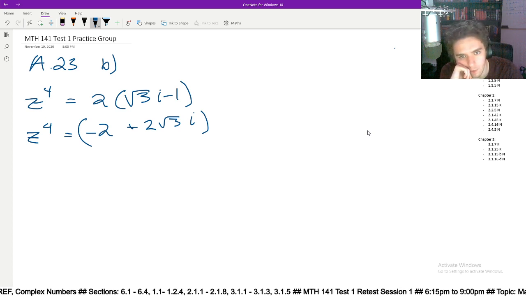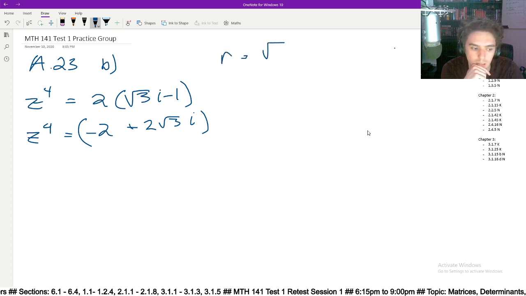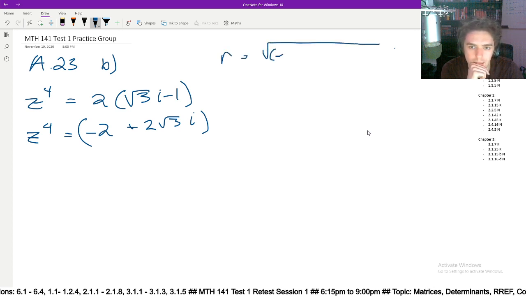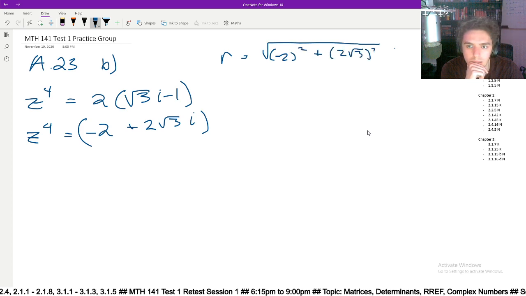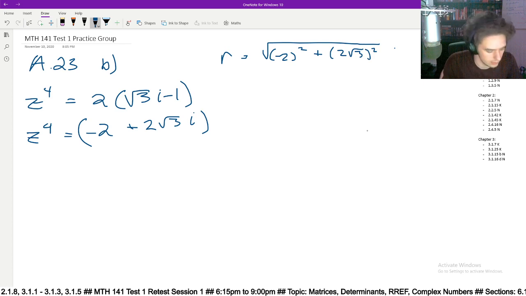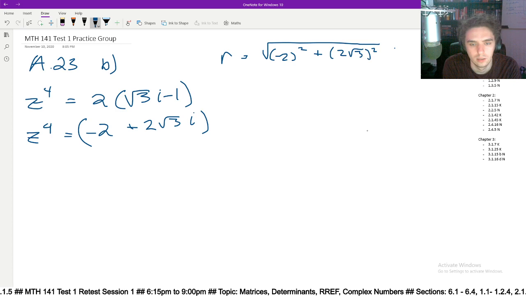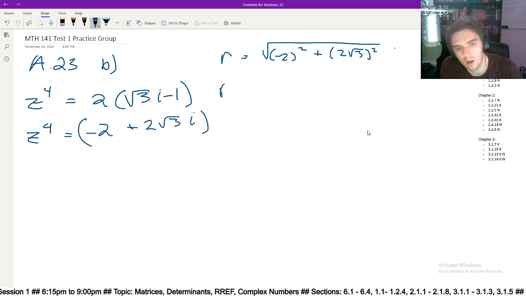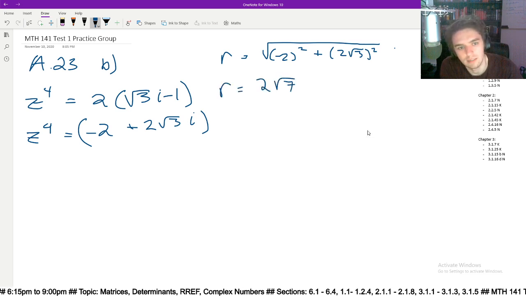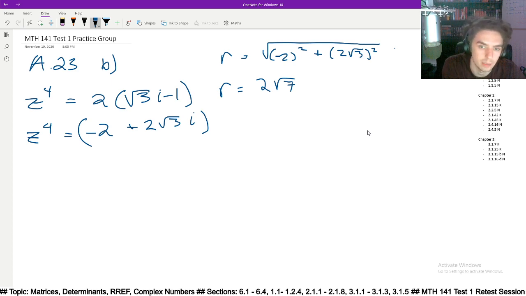So in polar form, I'm going to have to find the R value first, right? So R is equal to the square root of negative 2 squared plus 2 root 3 squared. So that is square root of 2 root 3 squared. So that's R equals 2 root 7. Okay. And then I'm going to factor that out.